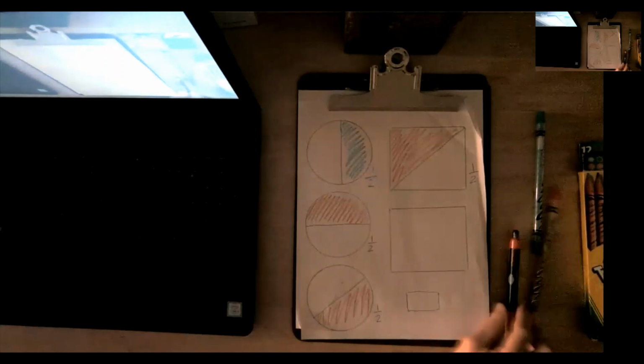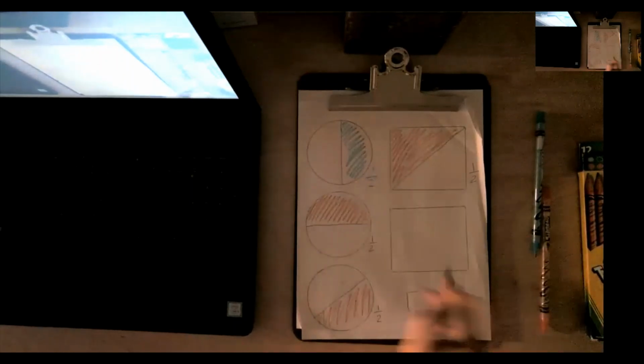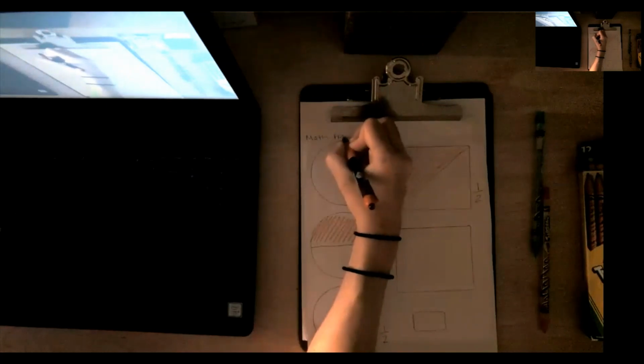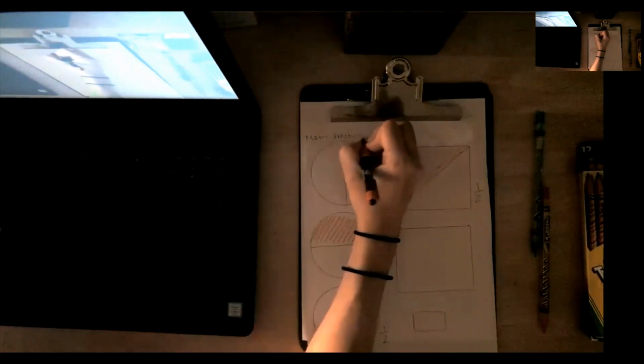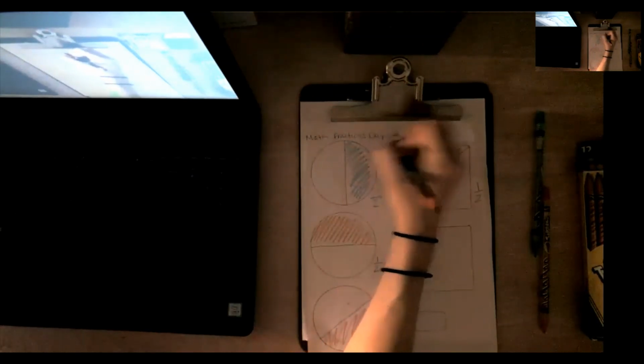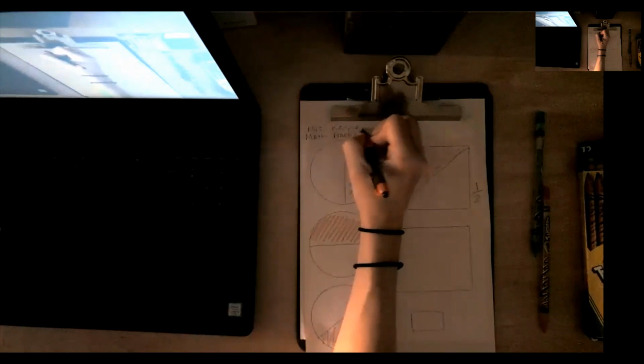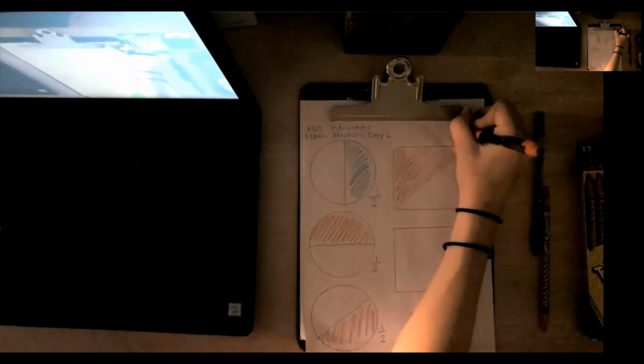All right, if you're going to take a picture of this when you're done, make sure you write math fractions day 2, or you can just write fractions day 2. Put your name on it, and then the date.